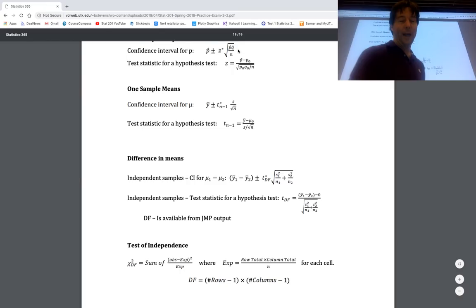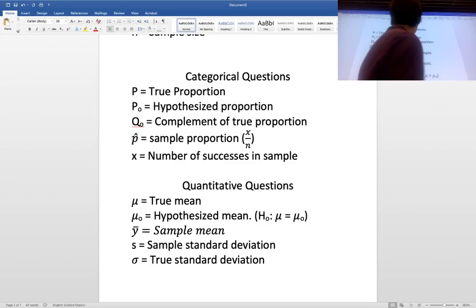Okay, we'll try to make it bigger for the onliners. They say the practice test is pretty small, so I'm going to have to zoom in really well for that. So Q naught is the complement of the true proportion. Oops. Everyone correct me. What did I do wrong here?